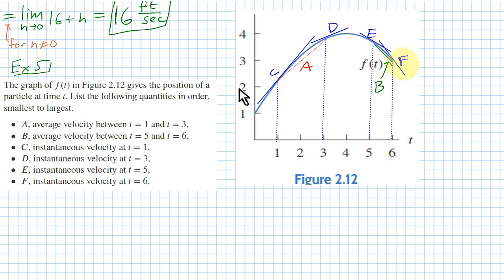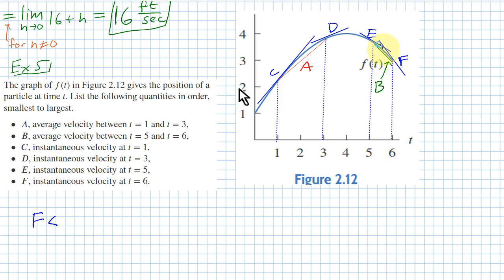So I can see F here has a negative slope. Excuse me. F has a negative slope, and it's a little bit steeper than the slope of B. So I think F is the least one here.